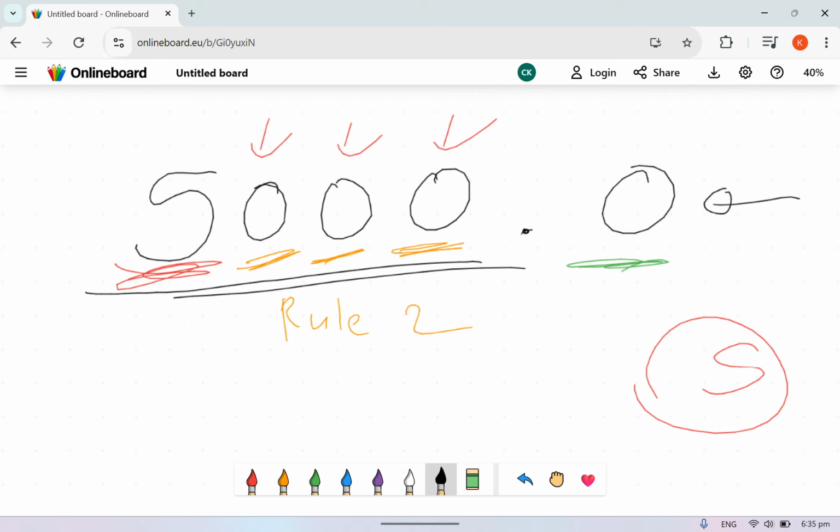Now, that one was a little mistake of me, but technically it is true. Rule 2 states that trapped between two non-zeros. Now, I know this is not a non-zero. This is a zero, right? But here's the thing. It is significant. We can all agree, because it's of rule 3, trailing zeros.